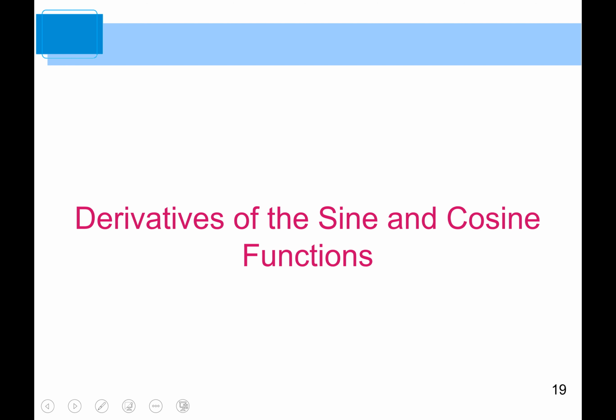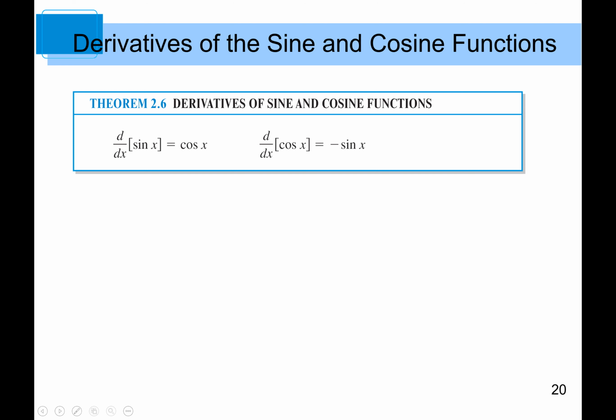And the very last thing, let's take a look at the derivatives of sine and cosine functions. So derivative of sine becomes cosine. You can use the limit definition of derivatives to prove this.